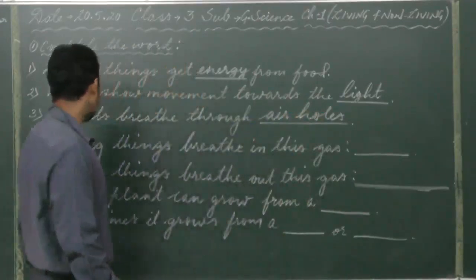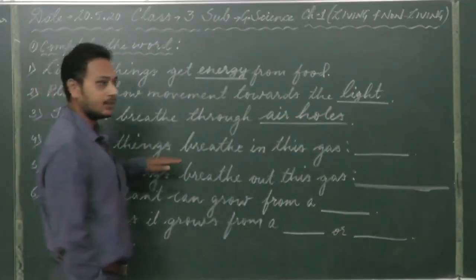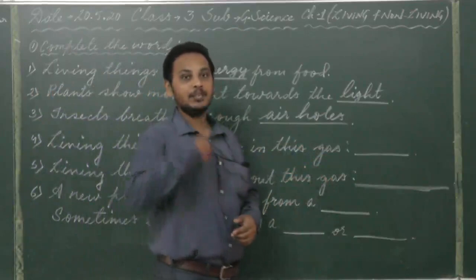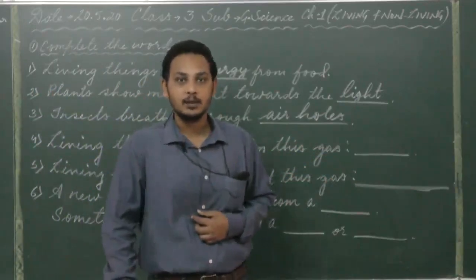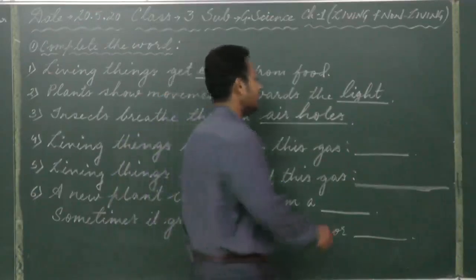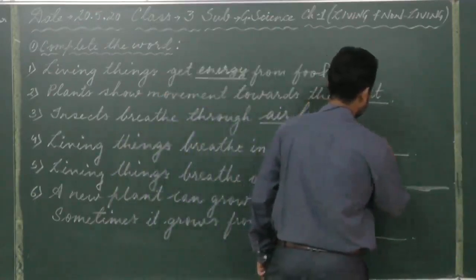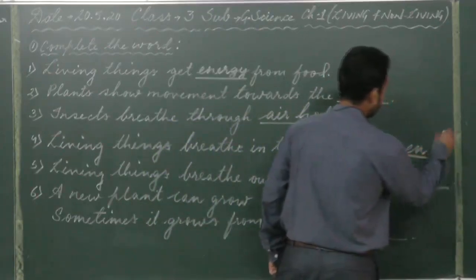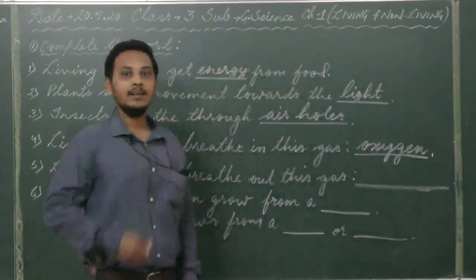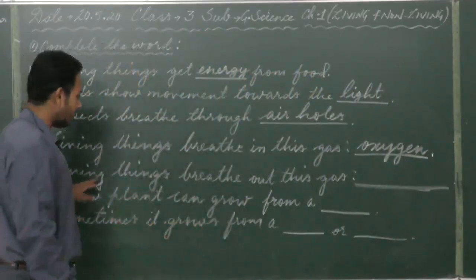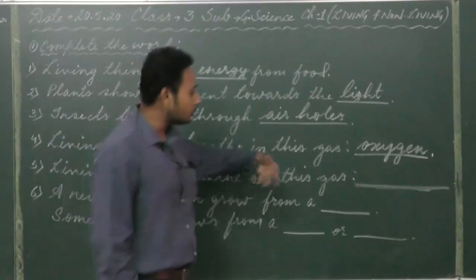Then number 4, living things breathe in this gas. Now what do living things breathe in? Living things like we human beings, what gas do we breathe inside? The answer is oxygen. We living beings, we take in oxygen. And the next question, number 5, is opposite to it. Living things breathe out this gas.